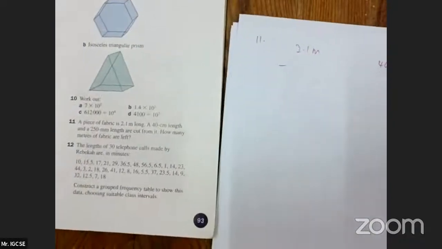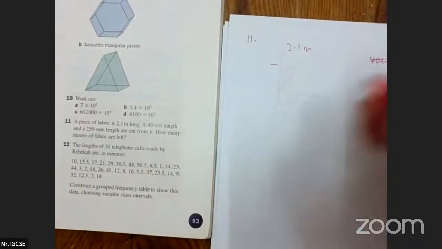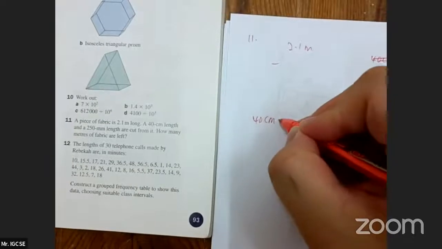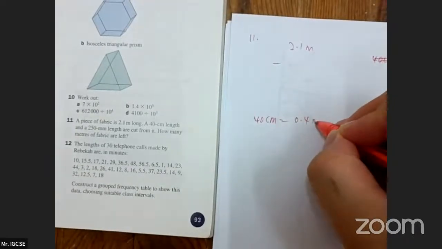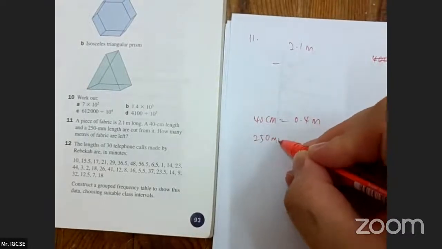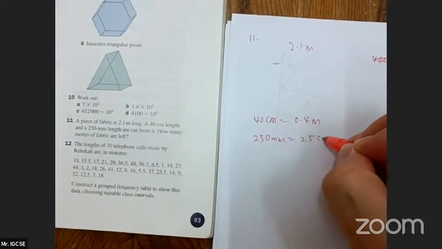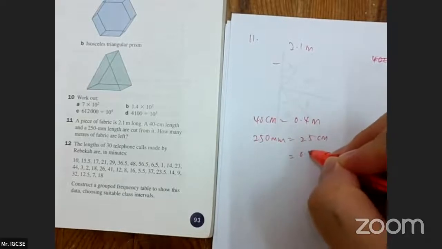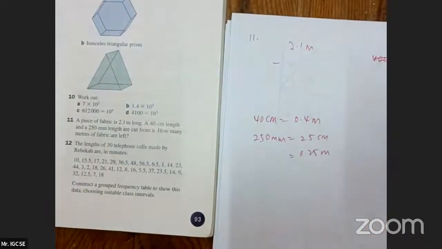Maybe I should write in another place. So 40 cm is 0.4 meter and 250 mm is 25 cm, which is 0.25 meter.